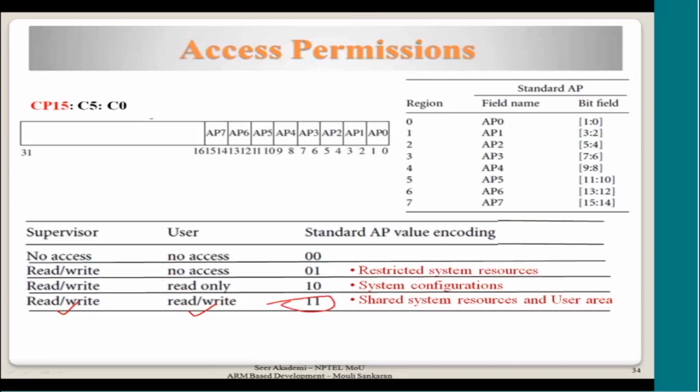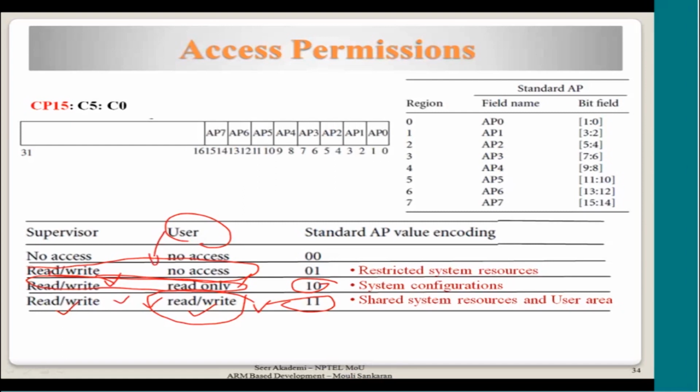Otherwise, it is actually both. In this region both the supervisor as well as the user have read-write. So basically, you may give it for the user area where a user process wants to have access. The system area will be in this region. We will give this access permission so that it has access. Maybe some part of it may be read-only. The OS normally will be here.